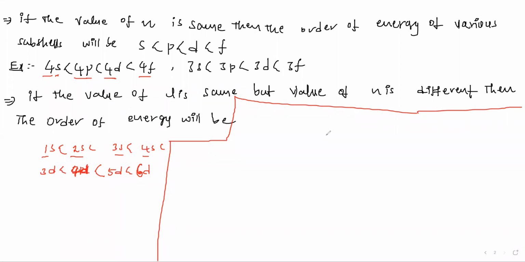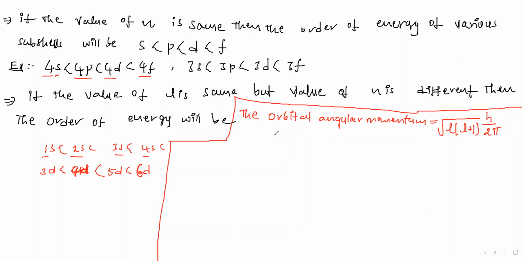The orbital angular momentum is equal to root of l into l plus 1 times h by 2 pi.